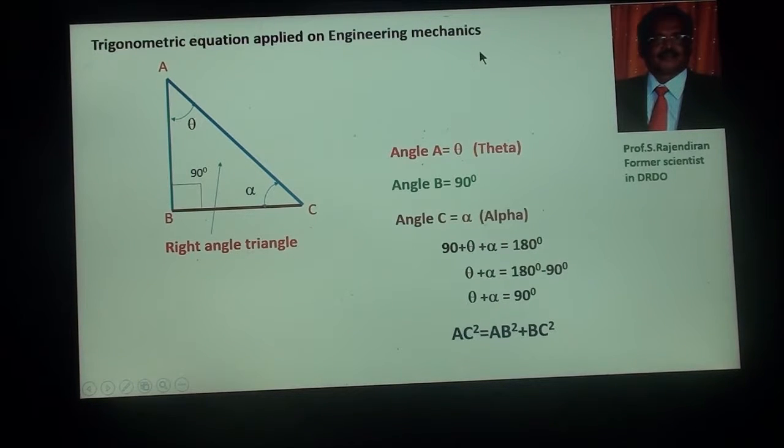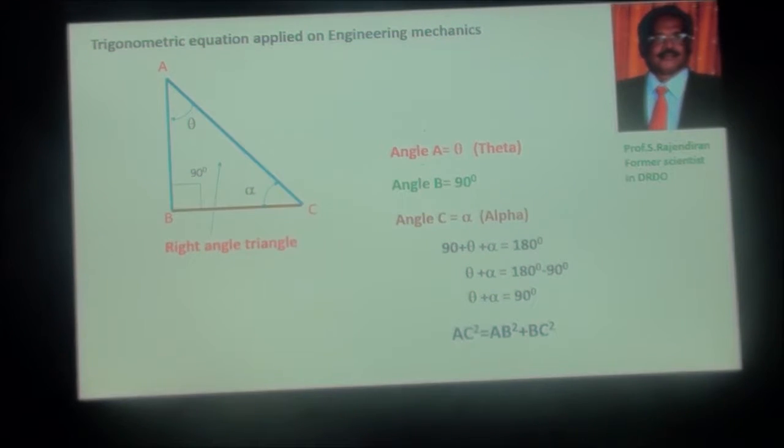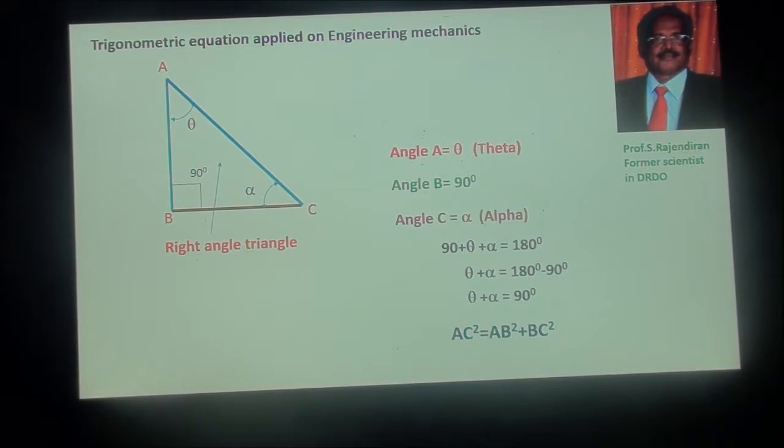So far I have met about 4,000 to 5,000 students. Many of them ignore this portion at 10th standard or at +1 and +2, and thereby the students who are joining the engineering stream find it very difficult to understand engineering mechanics.